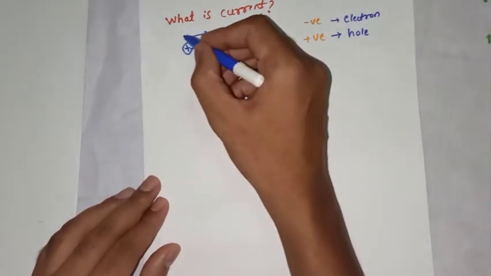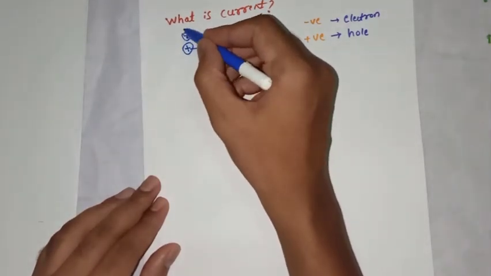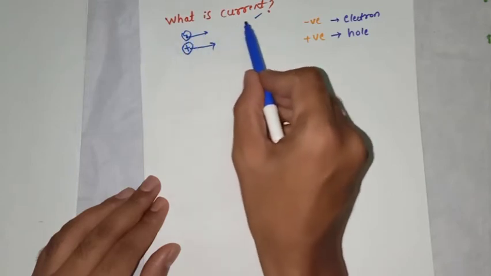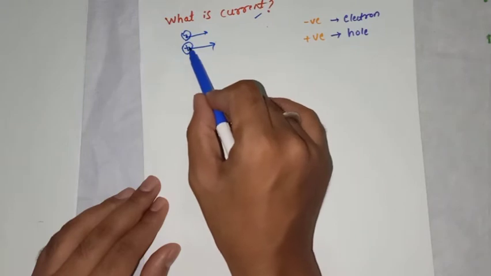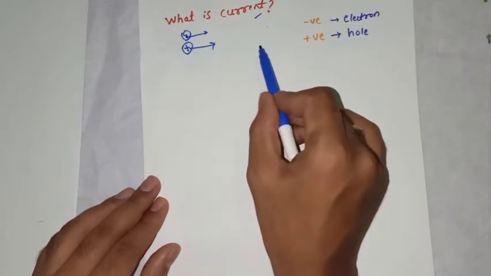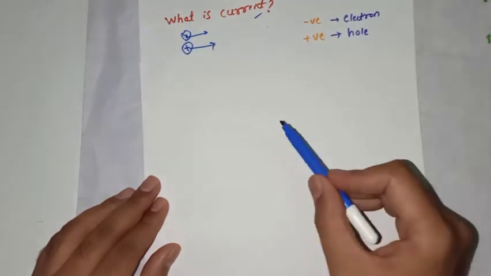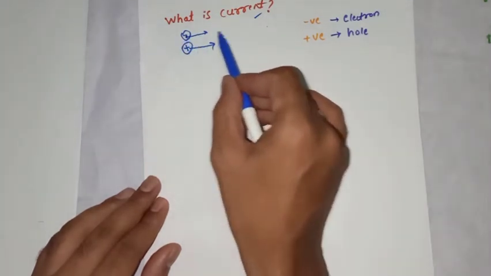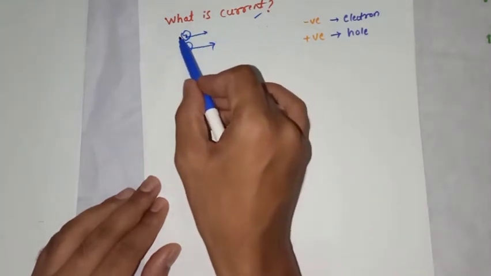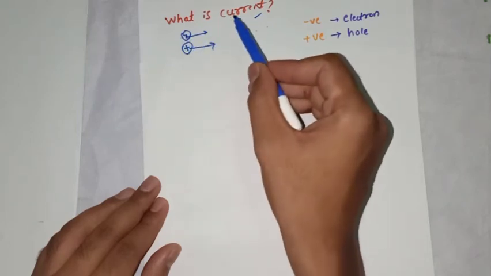So electrons, that are negatively charged, if they are flowing from one place to another place, constitute a current, and holes can move from one place to another place and can also constitute a current. If more electrons are moving, then more current.